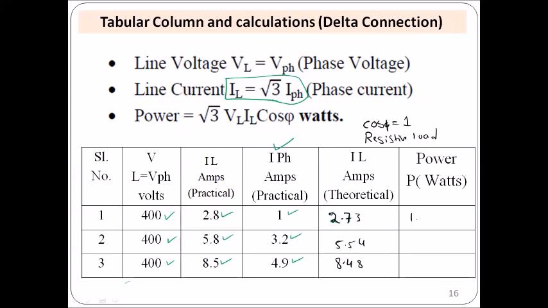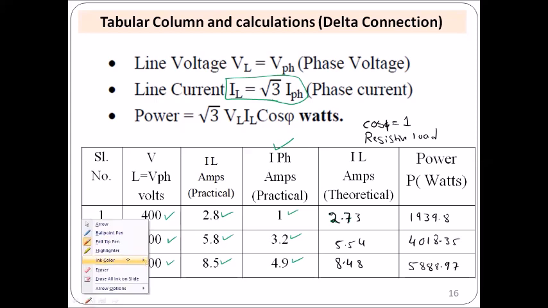Now if we do the calculation, then we shall get the values as 1939.8 for the first reading, then 4018.35 for the second reading, and 5888.97 for the third reading.